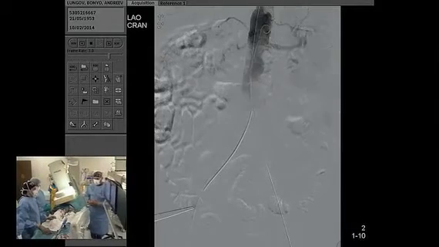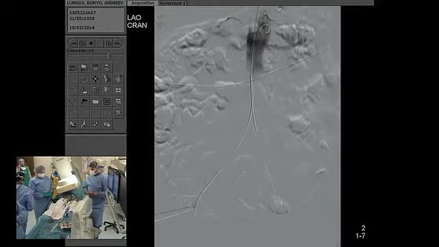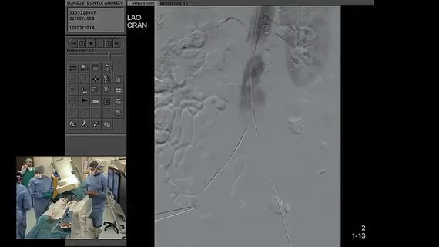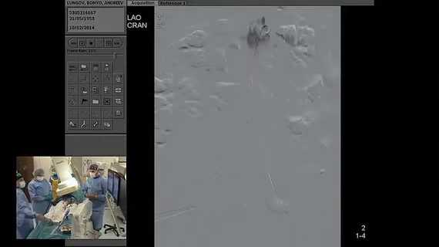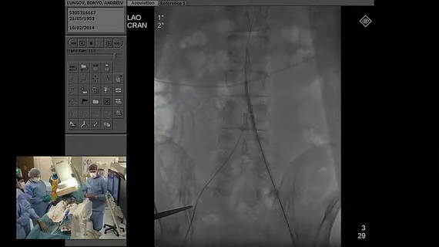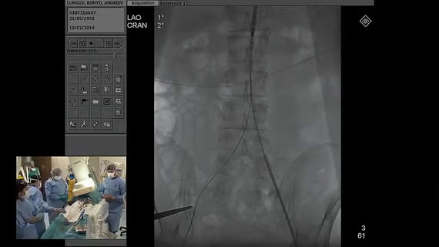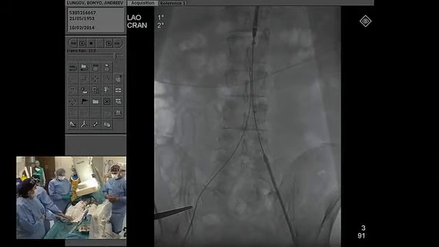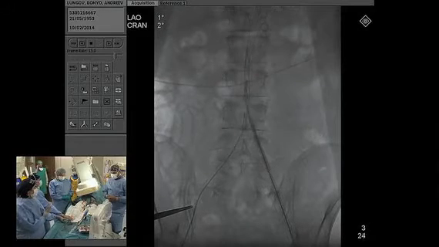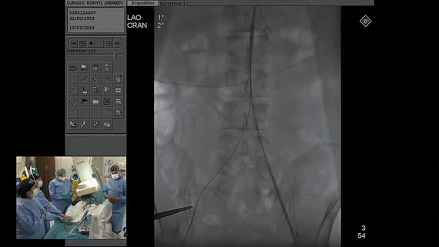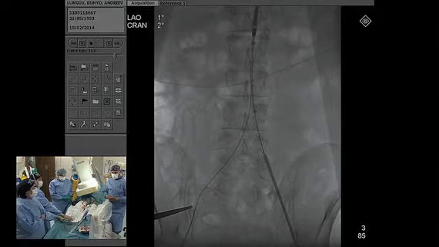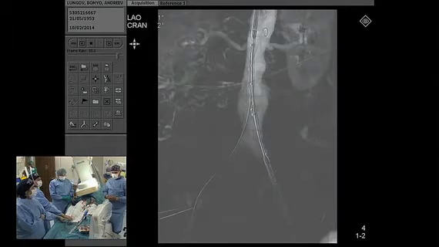Okay, this is the preliminary angiogram, the first one. Let's go next please. So this is the main body. We introduce the main body from the left side. Go ahead, next.